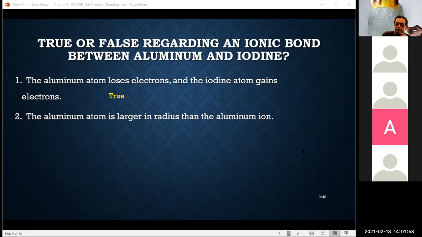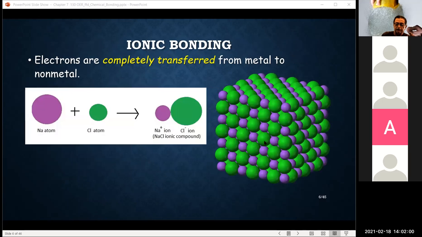That is correct. Okay, let's go back to this. Let me draw my arrow here. When we compare the relative radius, and that circle represents the relative radius, on the far left of the arrow, this is the arrow telling us a process occurred. So that's the reaction arrow. The red arrows, I'm pointing to the sodium atom.